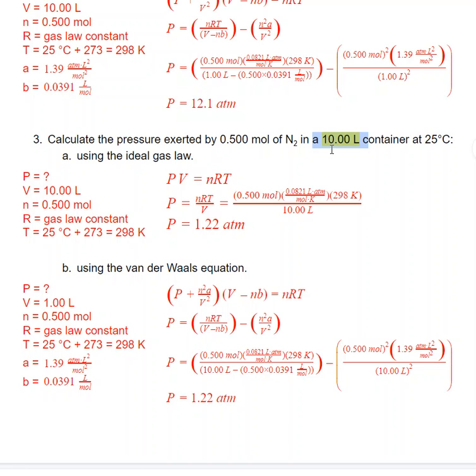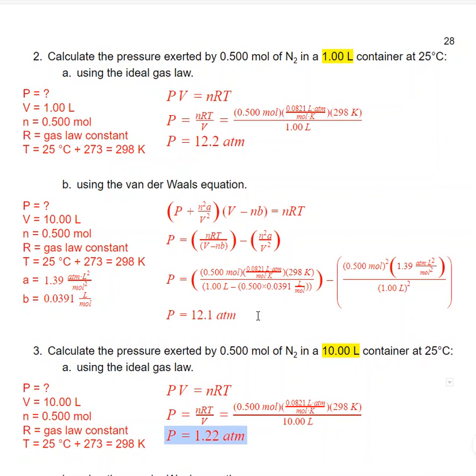So we see that for some conditions, the ideal gas law is good enough. We get the same answer as we would get with the van der Waals equation. But under other conditions, it's not the same. And that difference could be a very large difference depending on the properties of the gas.